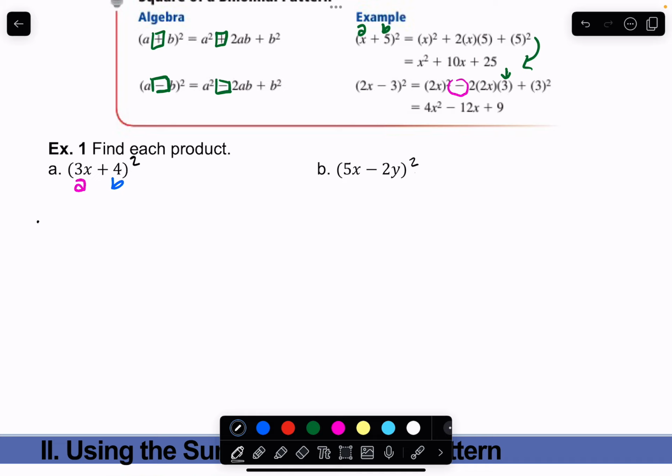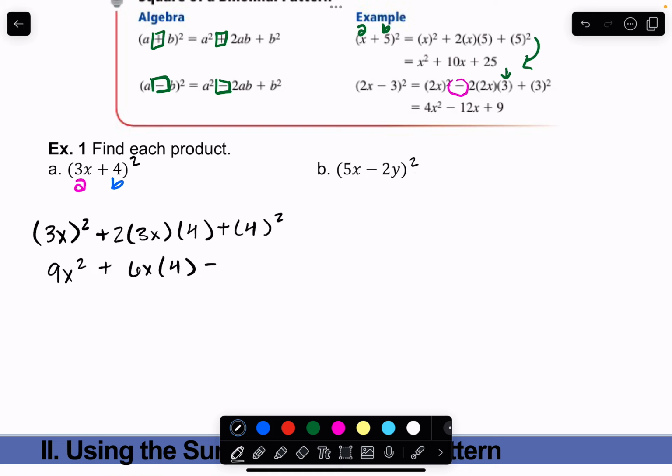So we have a squared, so 3x squared, plus 2 times a, 3x, times b is 4, plus b squared, so 4 squared. 3x squared is 9x squared, plus 2 times 3x is 6x times 4, plus 16. And finally, 6x times 4 will be 24x, so 9x squared plus 24x plus 16.